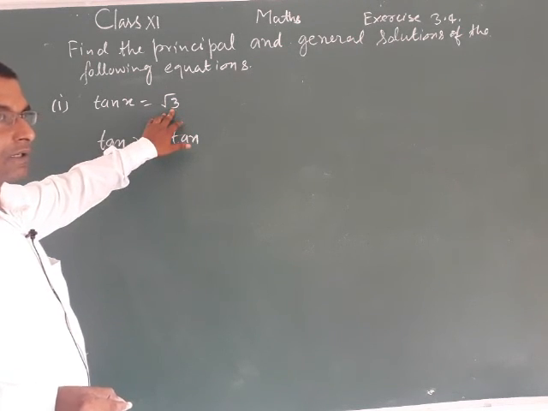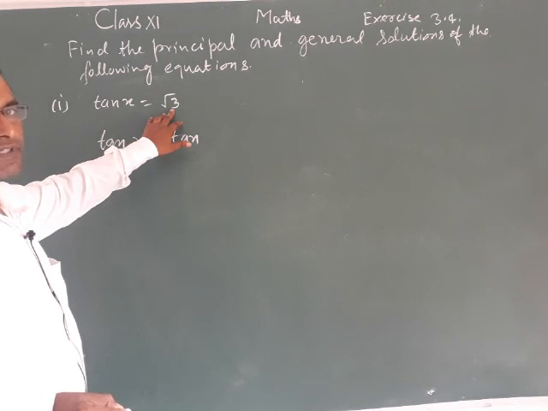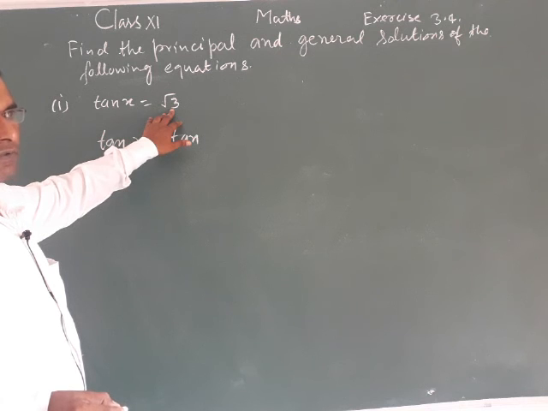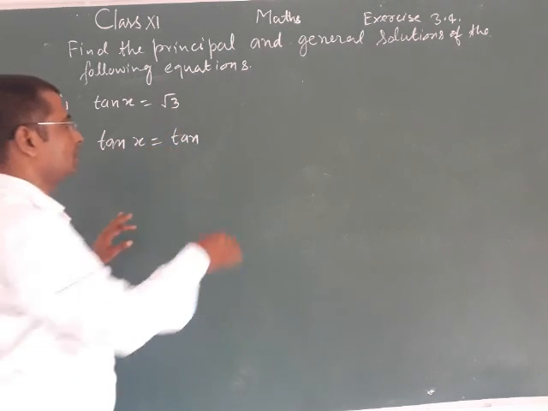The value of root 3 in tan gives theta equal to 60 degrees. Change into radians: 60 upon 180, so pi by 3.